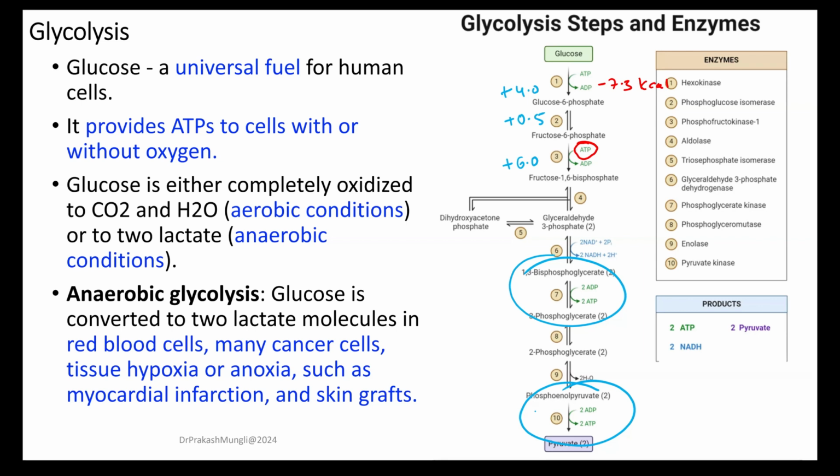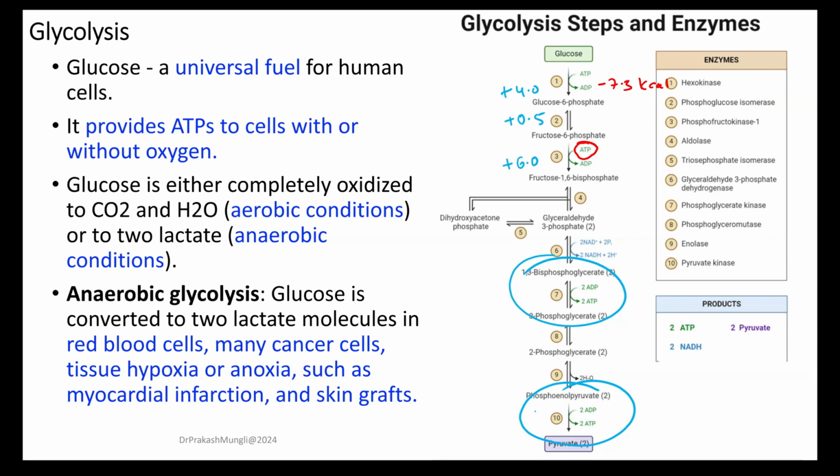You have worked and you invest money in real estate, stocks, mutual funds, gold, bonds. Investment is to gain a later return. You're expecting a return. The cell is also investing 2 ATPs initially and later it is going to gain ATPs. So that's how metabolic pathways work.